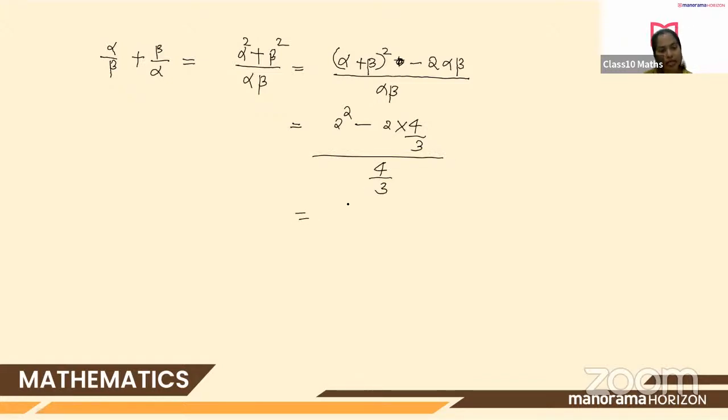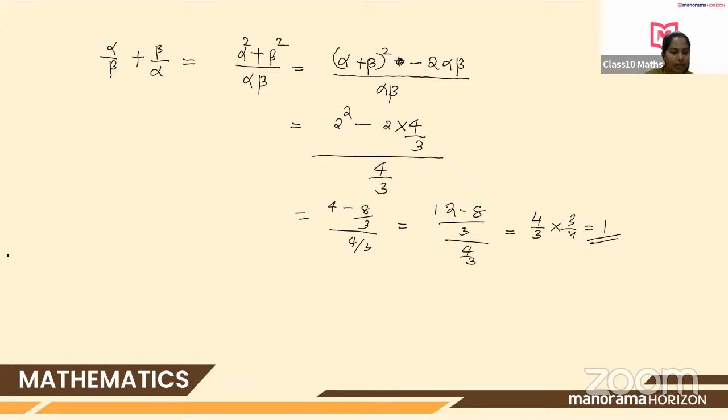Okay, so the answer is 4 minus 8 by 3 divided by 4 by 3, which is equal to 12 minus 8 by 3 divided by 4 by 3, which is equal to 4 by 3 into 3 by 4 is 1.